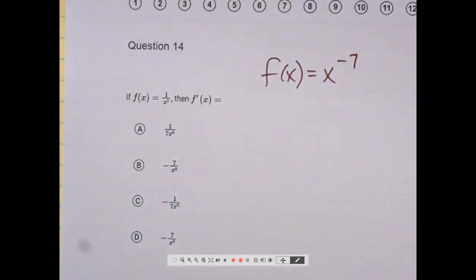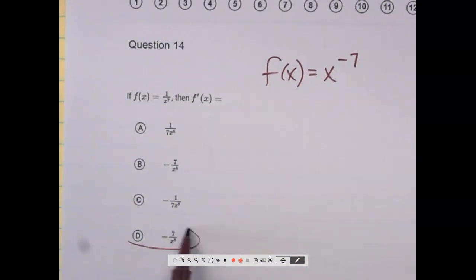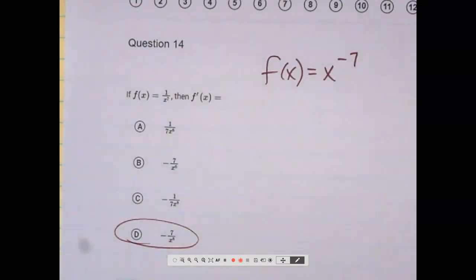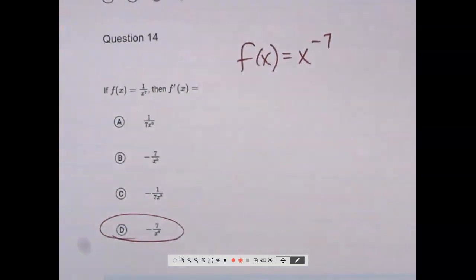A, B, C, or D? D. We could eliminate A and C because those coefficients are 1/7 instead of negative 7.